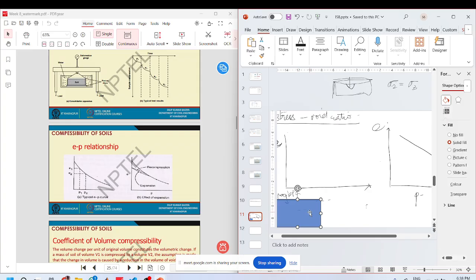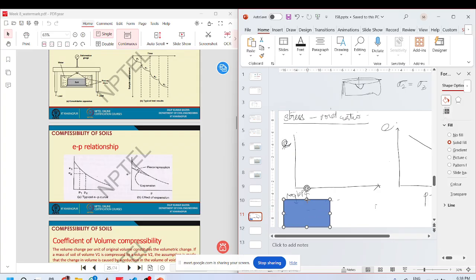Then I added a pressure because of which the soil got compressed.